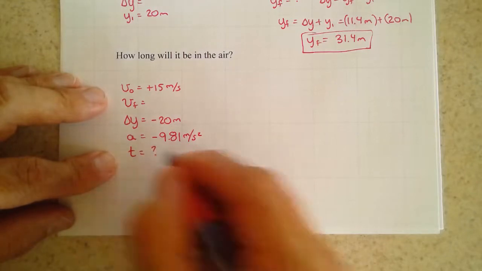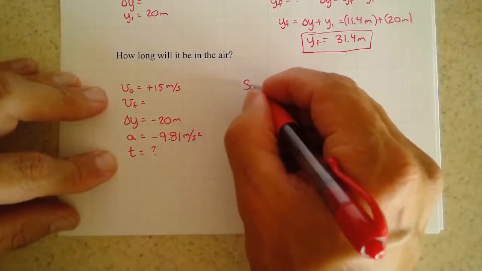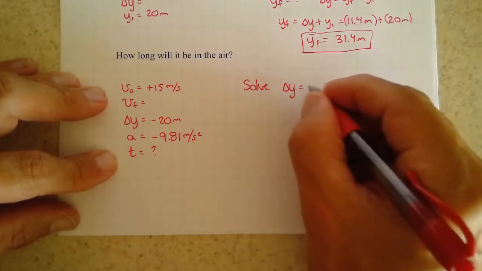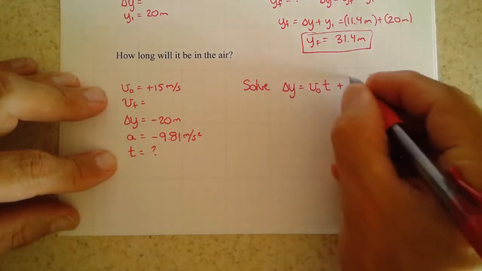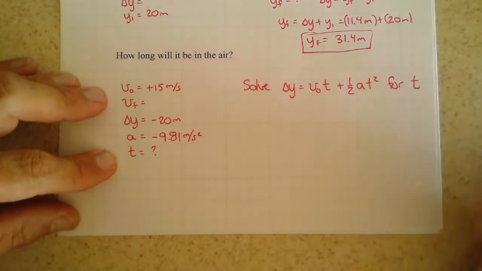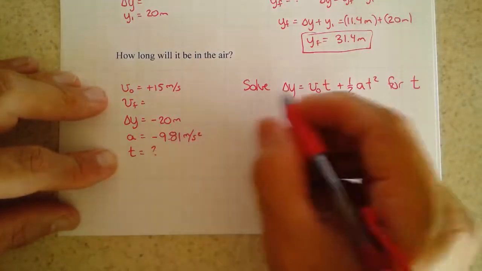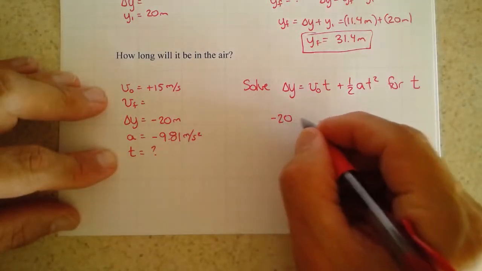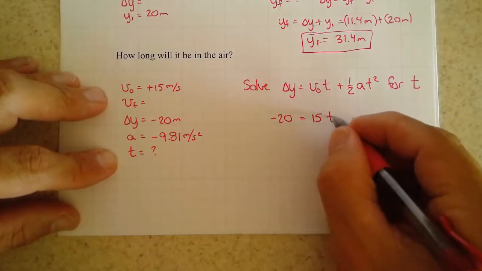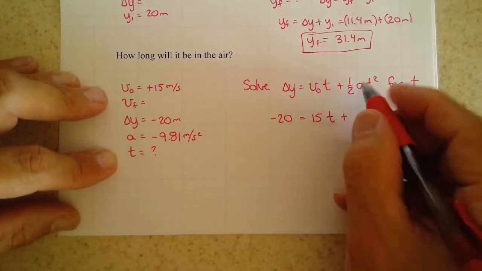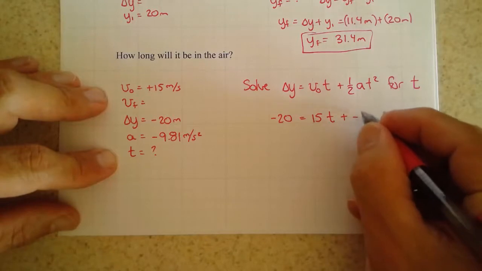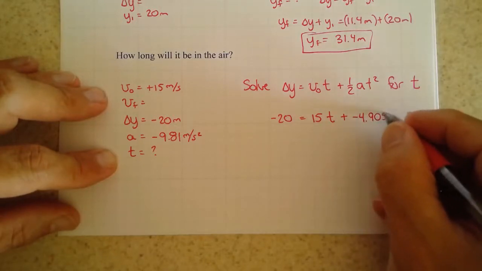So to do this, we are going to have to solve delta y equals v0 t plus 1/2 a t squared for t. So I'm going to put in my numbers. Delta y is negative 20 equals v0, which is 15, times t, plus 1/2 of a, which is negative 4.905, t squared.